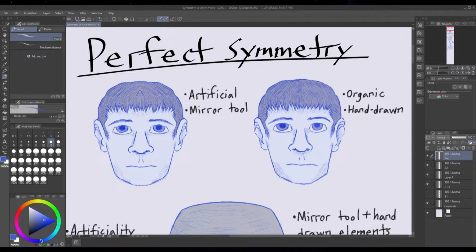So the first thing I want to cover as far as symmetry versus asymmetry is the concept of perfect symmetry. If you've been drawing for a while, or if you're just starting out, symmetry is pretty difficult to get right.